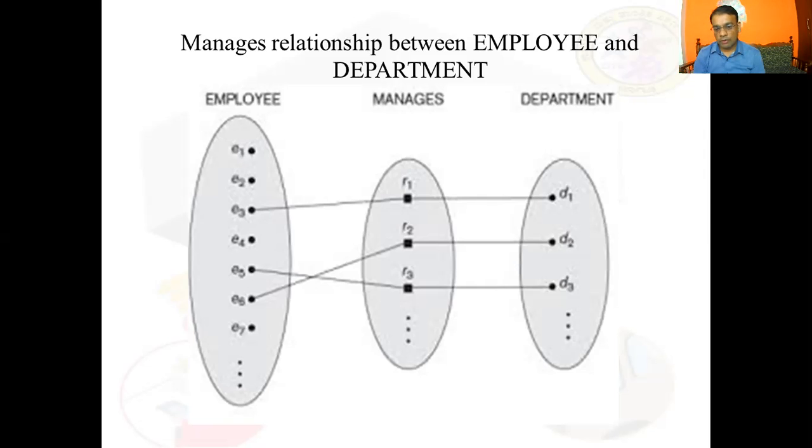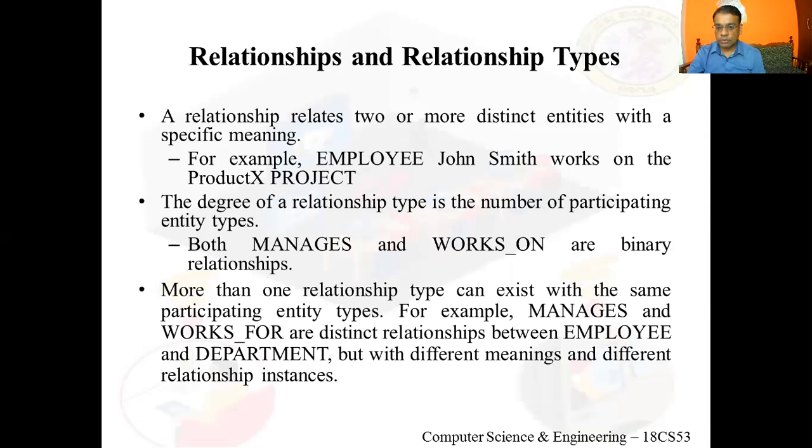That means out of 100 employees, only 3 are acting as managers. Employee E3 is the manager for D1 and E6 is the manager for D2. Sorry, E5 is the manager for D3.